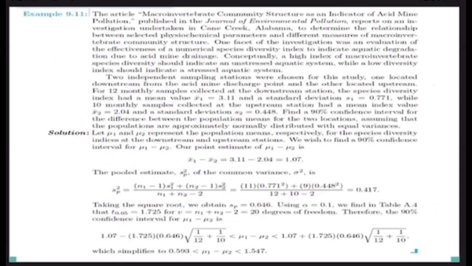Now, this is an example. We got this one from the textbook, the article, okay? They were talking about aquatic degradation. The first part is background information.